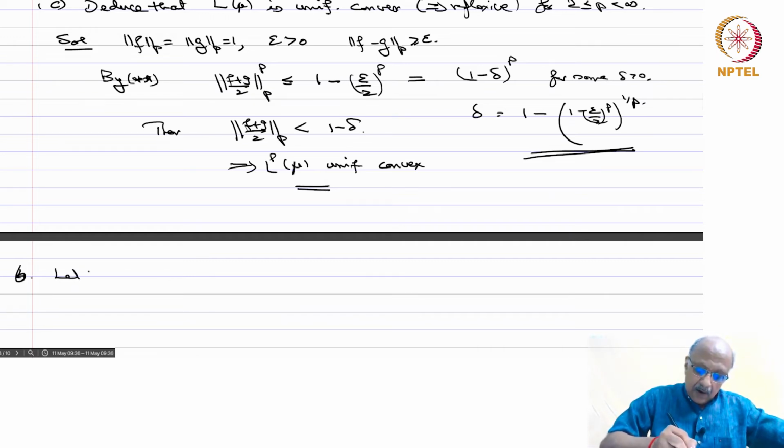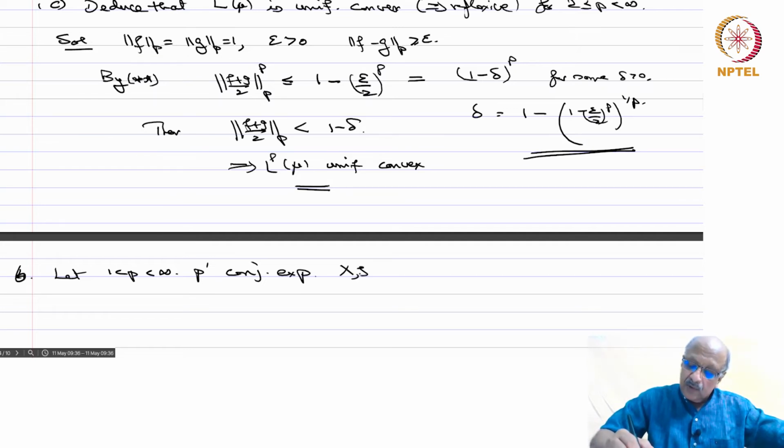Six. Let 1 < p < infinity, p dash the conjugate exponent, and (X, S, mu) a measure space.